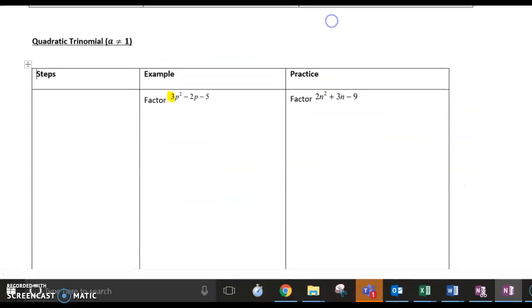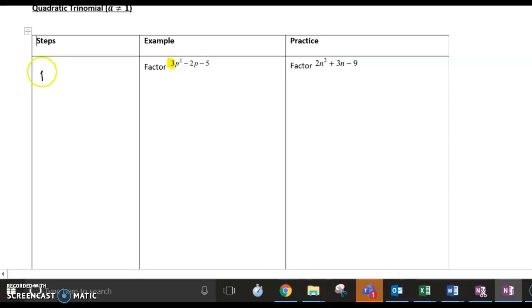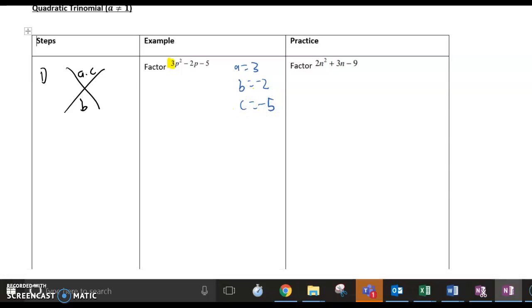So our first step is still going to be our X. We want A times C, and we want B. Okay, let's write out what A, B, and C are. We got 3, -2, and -5. So I'm going to do 3 times -5 is -15.